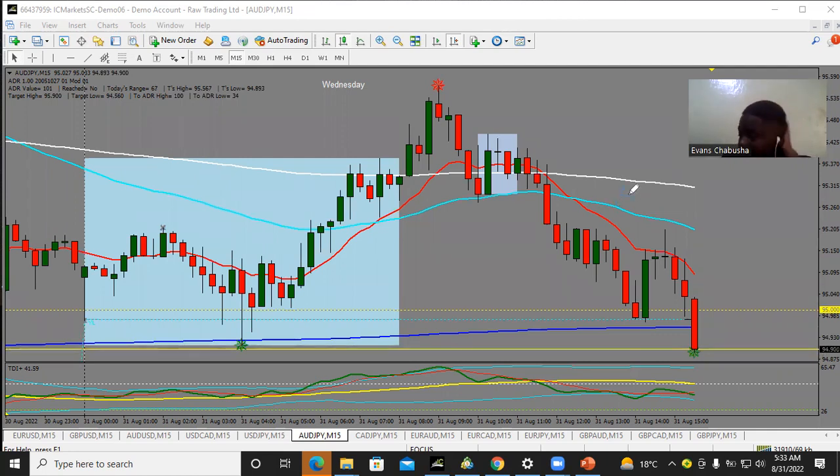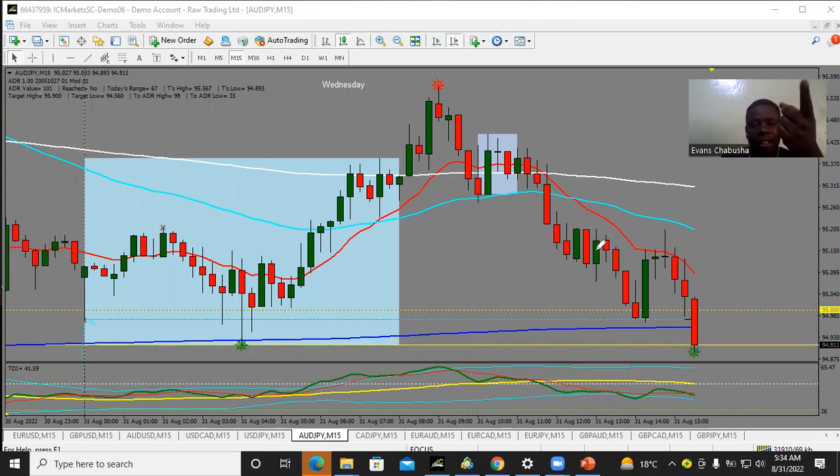So I'll enter here. For as long as price is staying below this line, I'll still be in the trade, no matter how much the market dances around, until I hit the take profit that I set.